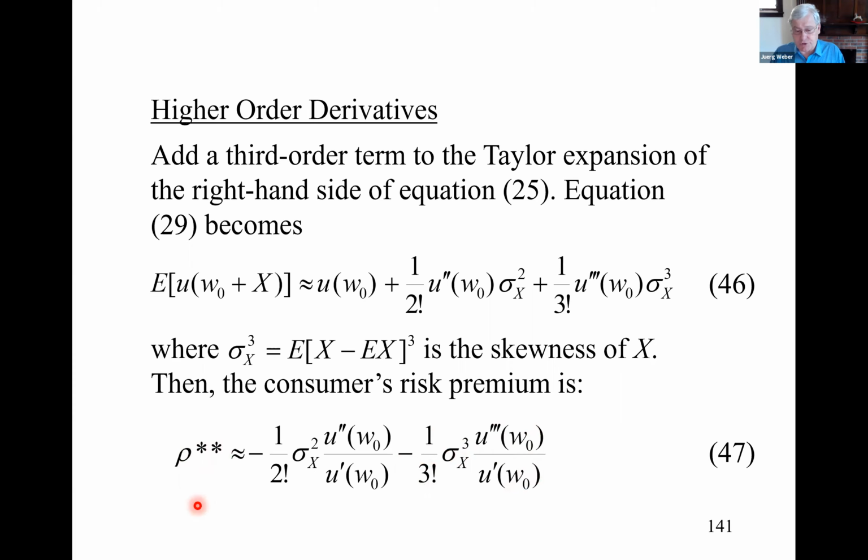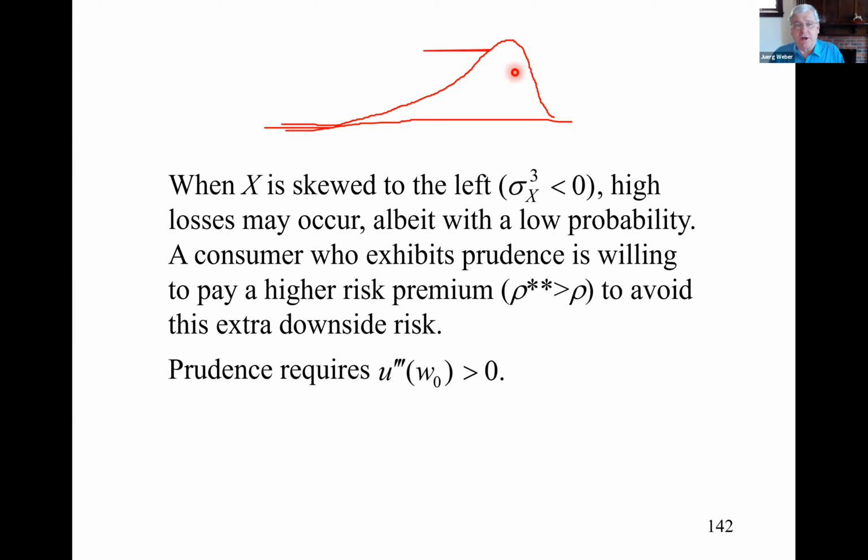So a prudent consumer will take into account this distribution of the losses that we have here. Losses with a low probability, but actually very big losses. So we have those negative figures here, and so sigma 3 is negative. That's the third moment, which measures the skewness.